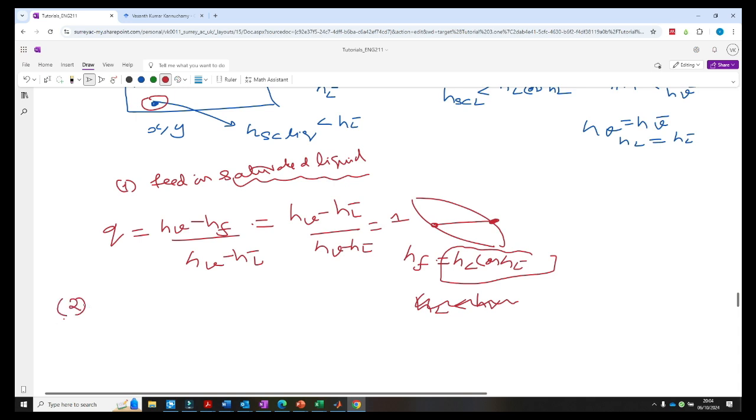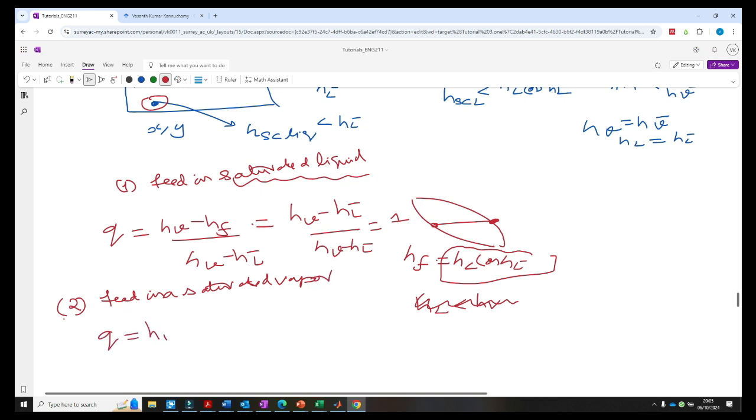Let's solve the next part of the question. If the feed is a saturated vapor, very tricky question to be honest.